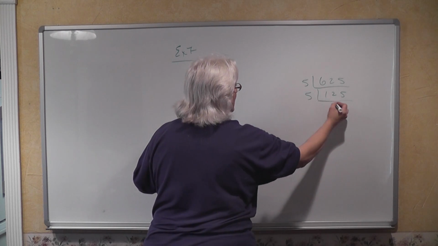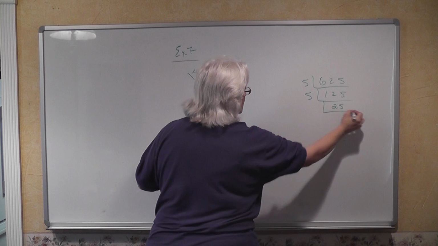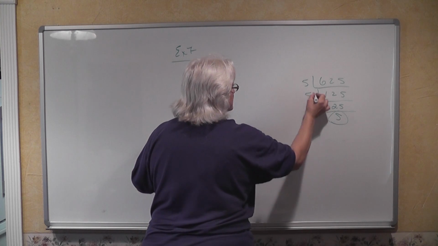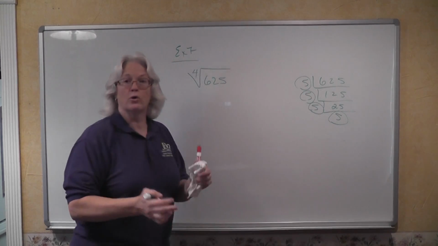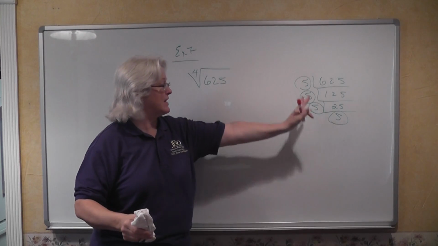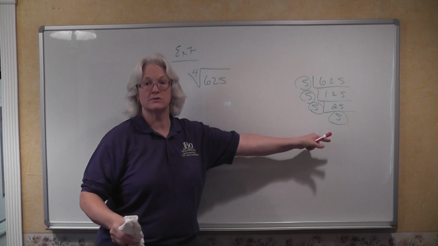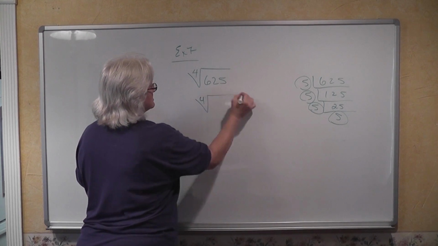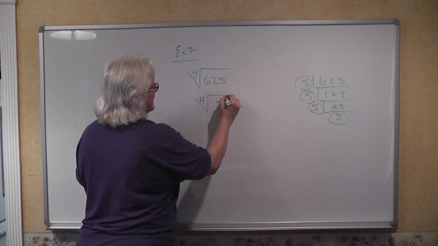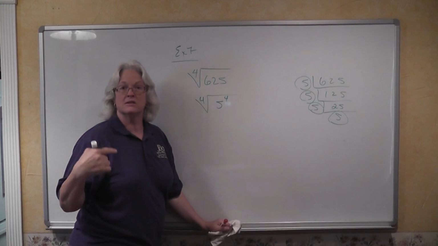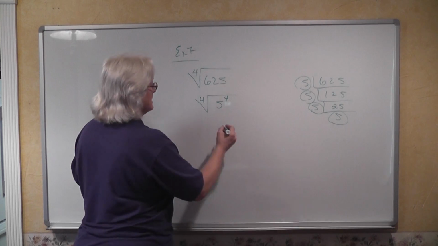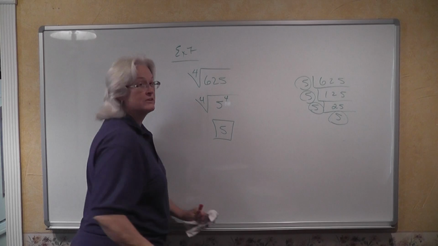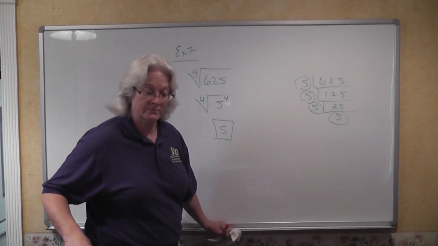You can divide by 5 again, get 25, divide by 5, and all of these factors that are on the outside of that ladder are 5s. So we have 5 used as a factor 4 times. So it's the fourth root of 5 to the 4th. You see that the index and the power are the same. So the fourth root of 625 is 5.